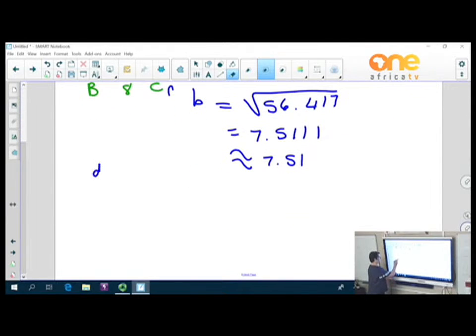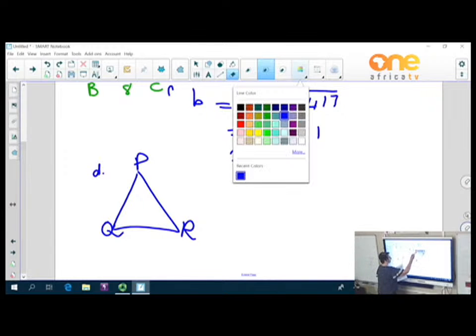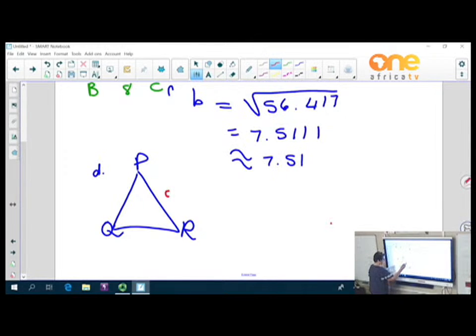The next one is number D. So this is triangle PQR. We have to draw it to understand which one is which. So this is Q, this is P, this is R. They say R is 6 millimeters, P is 7 millimeters, and Q is 101 degrees.